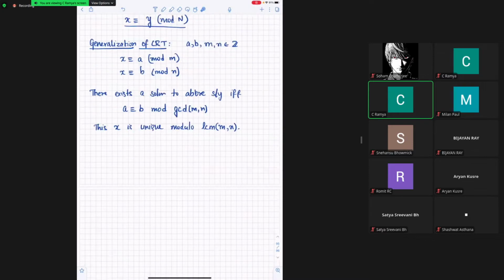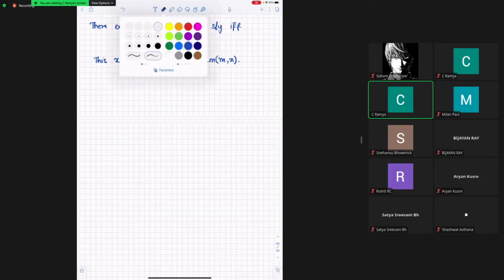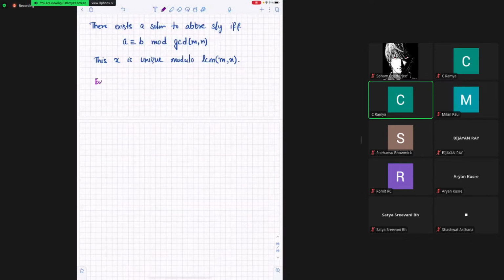So let me just define the next notion: Euler's quotient function. I'm not sure if you've heard of this. So we saw counting primes, correct? Given a number, you can count how many prime numbers there are from 1 through that number.